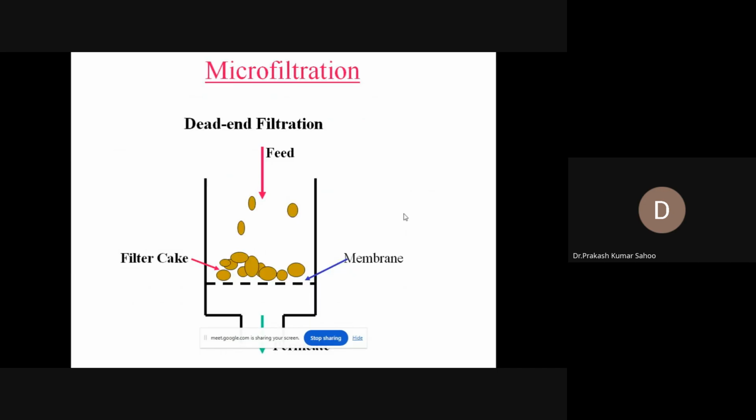So this is the microfiltration we have. Under this filtration, we have a dead end filtration with filter cake and membrane. This acts as a separator, or a membrane we have, above which it is known as the filter cake.